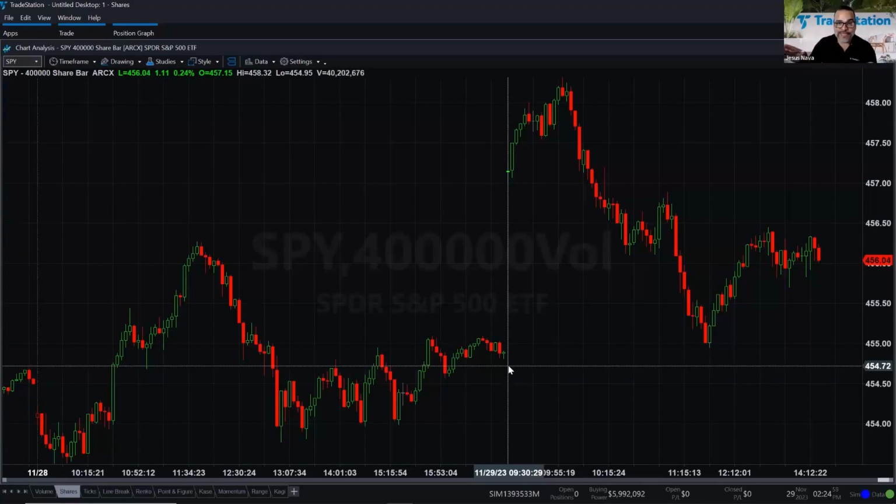These are both sensitive to trading activity. If the market slows down and there's not that many trades or that many shares being traded, the chart will slow down as well. And when activity picks up and there's more trading activity or shares being traded, you're going to get more candles.